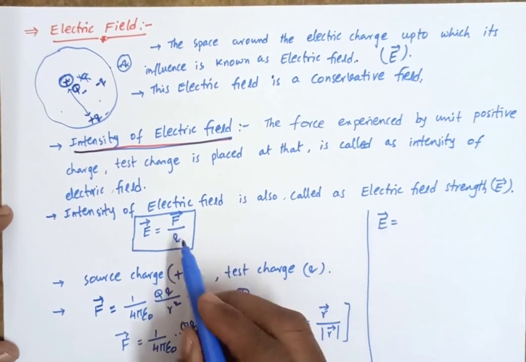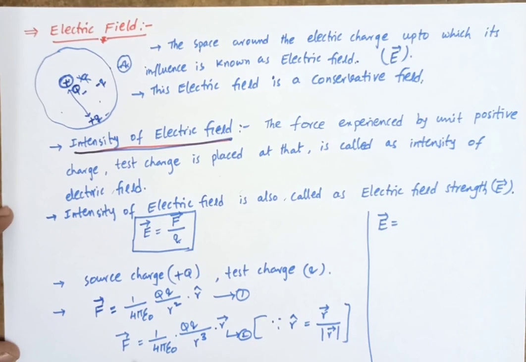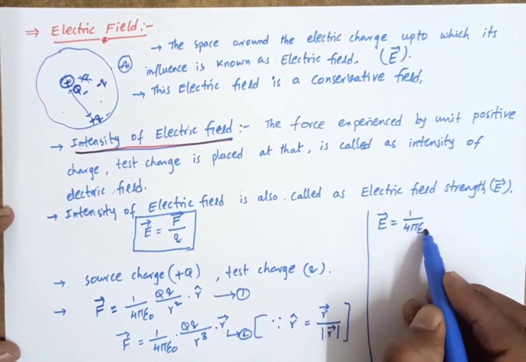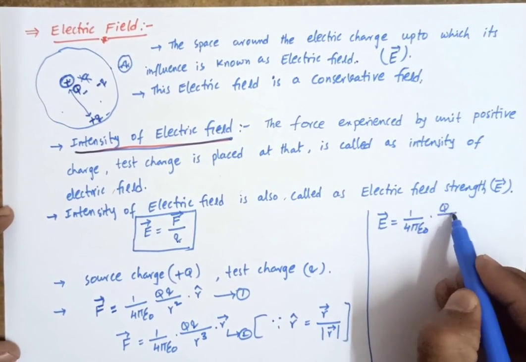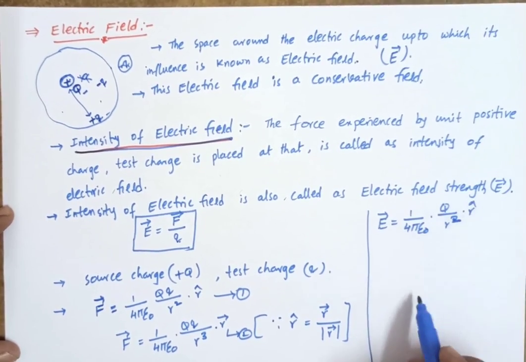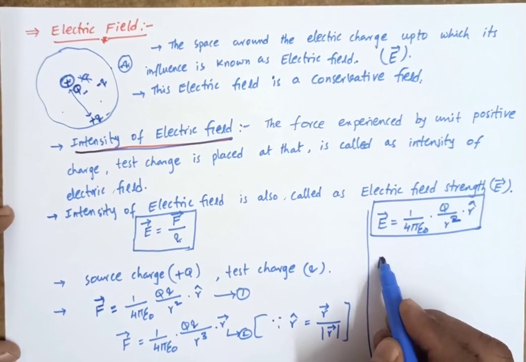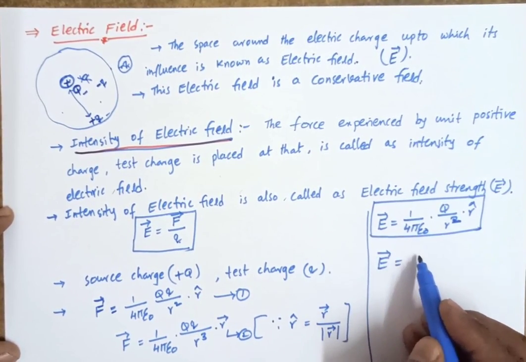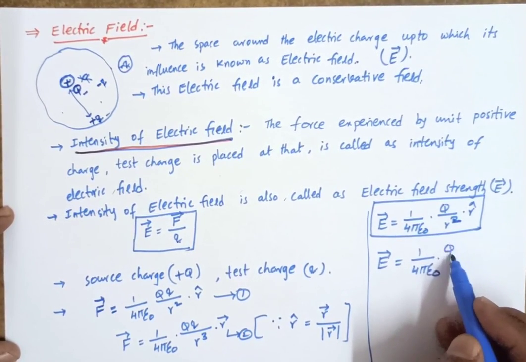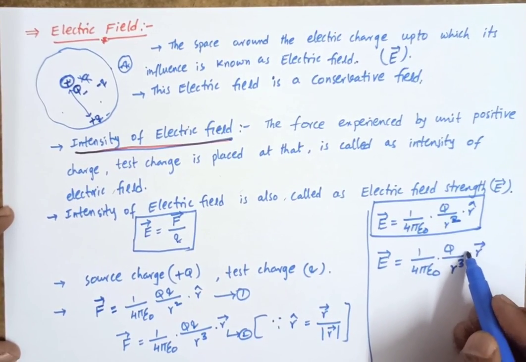Electric field strength E equals F bar by Q. So Q gets cancelled. Then E equals 1 by 4 pi epsilon naught into Q by R square into R cap, or it is also written as E bar equals 1 by 4 pi epsilon naught into capital Q by R cube into R bar.